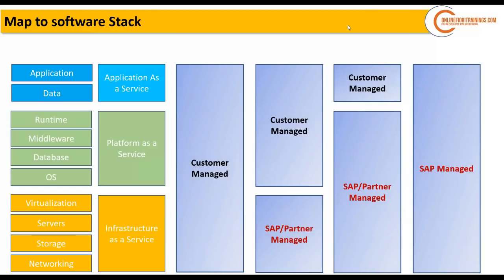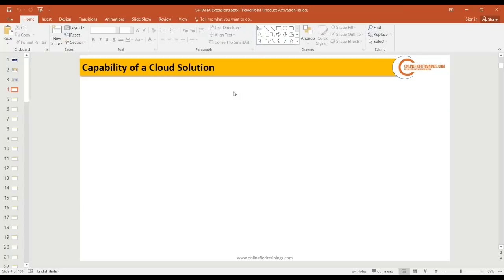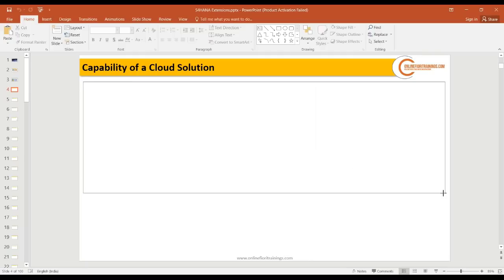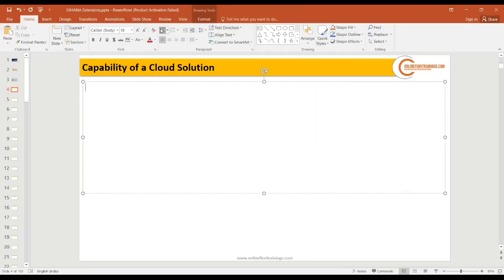So now let's move on and discuss what all the capabilities of a cloud solution are. Ideally, when you look at a cloud solution in a generic way, in general, what capabilities does a cloud solution actually offer? What is the value add a cloud solution offers us? So what does cloud exactly mean? Cloud means standardization.